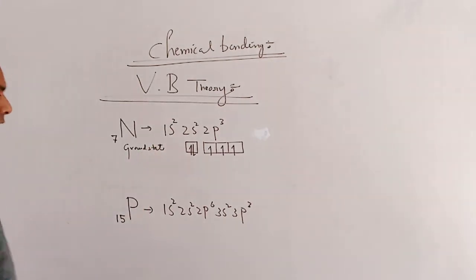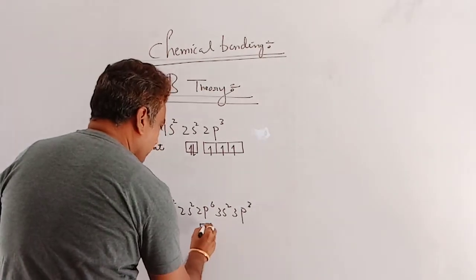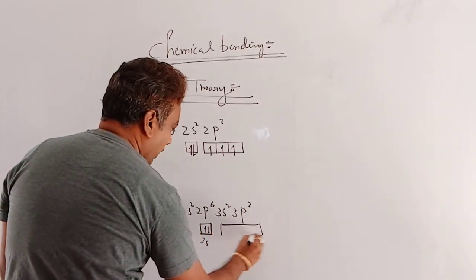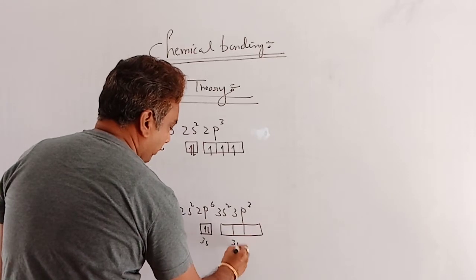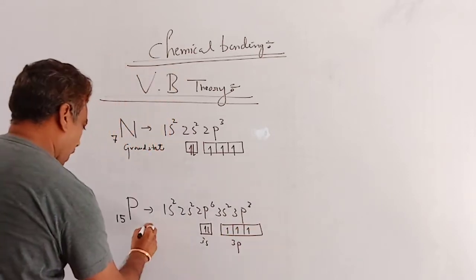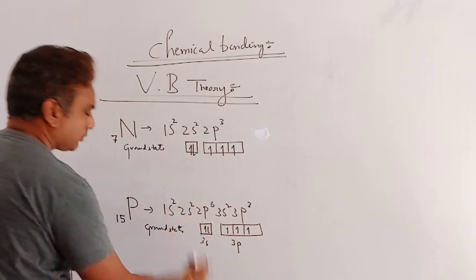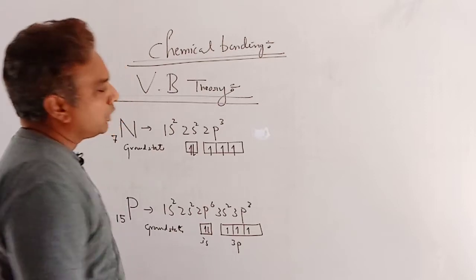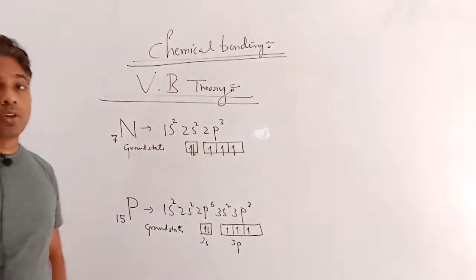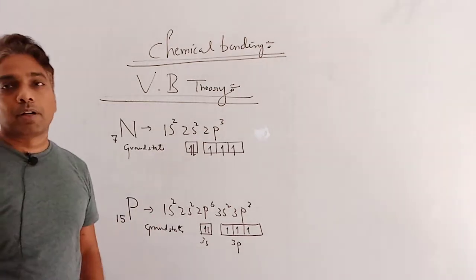Similarly, in case of phosphorus, here is the 3s box in which 2 electrons, and here is 3p which contains 3 electrons, all 3 unpaired, which is also the ground state. So in the ground state, nitrogen and phosphorus both contain 3 unpaired electrons.